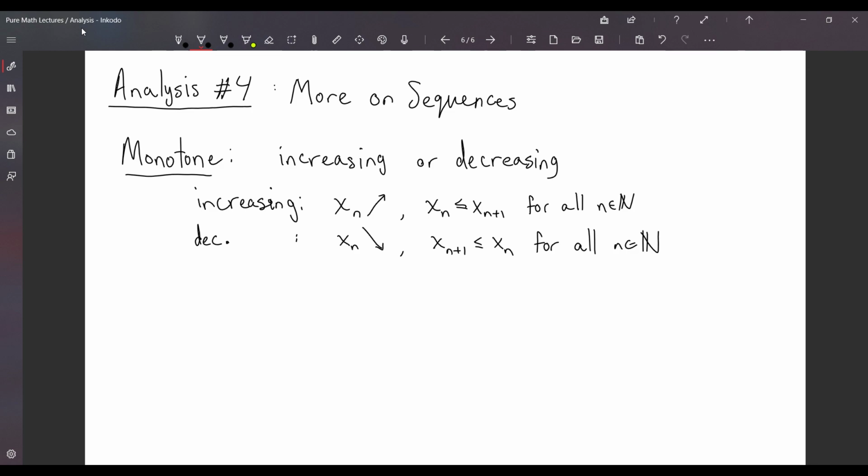And there are also strict versions of these. So a strict increasing is denoted as x sub n with just an arrow going up. And this means that the inequality here is strict, right? So you can't have the possibility of x sub n equaling x sub n plus 1. There must be a strict inequality. These must be distinct elements.